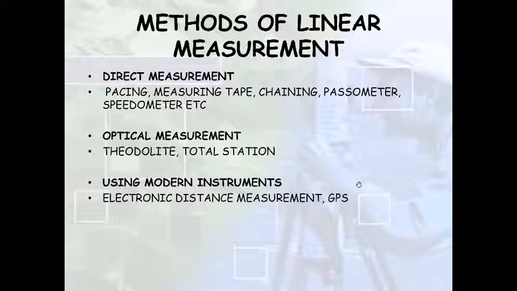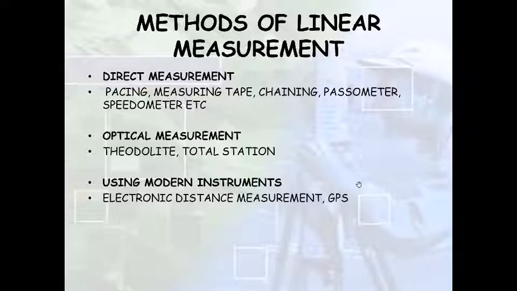But let's first talk about some other methods, some of which you will be using in this course and some of which you will be using in the next semester. So in optical measurement, we have theodolite and total station. So these are the instruments which are primarily used for measuring angles, but by some modifications, you can use them to measure distances as well.